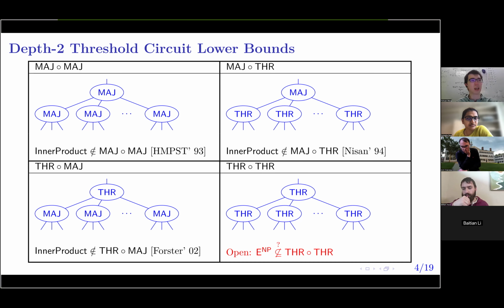So XOR, you can do it in threshold of threshold. So it is of course in depth 3 circuits, but depth 2? Okay, I haven't thought about it actually. Maybe we can talk about it later. Sure, that's fine. Thanks.